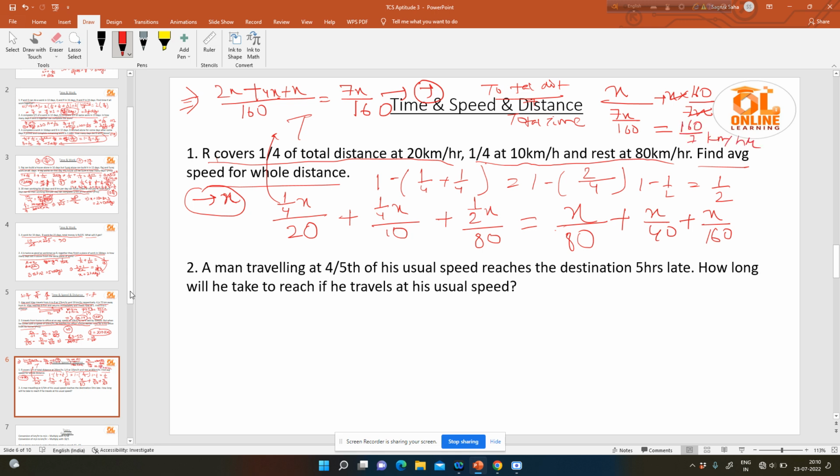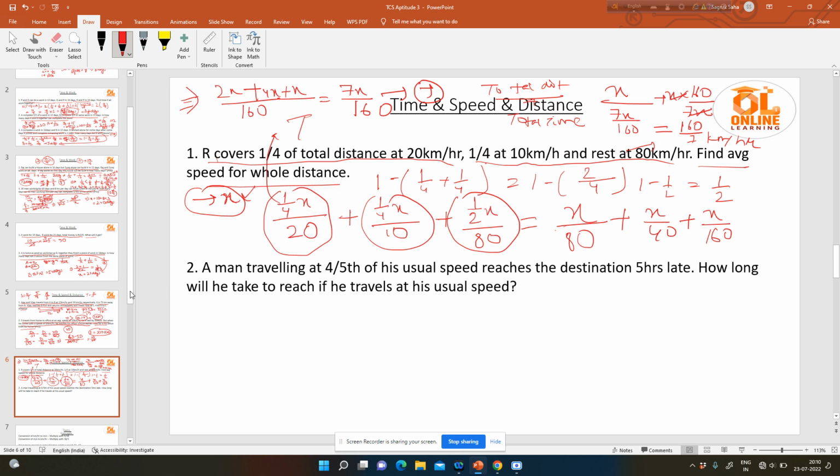So what we have done here is we considered total distance as x, then we found the total time. After that, we just did total distance by total time, and we found the average speed for the whole distance.